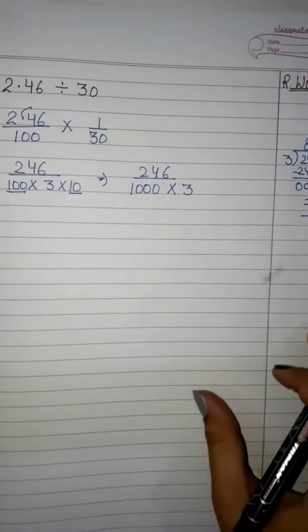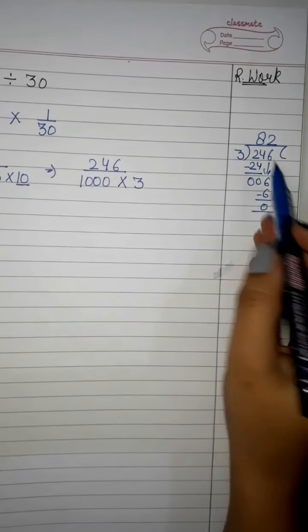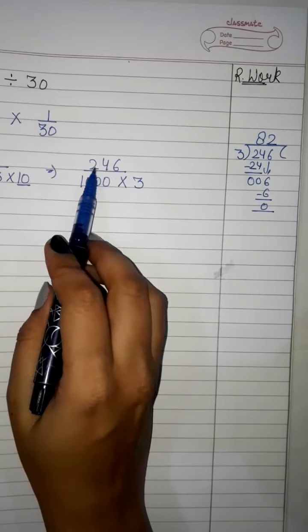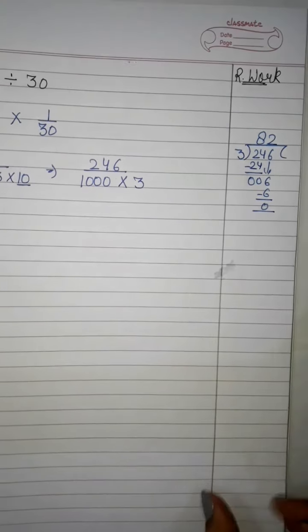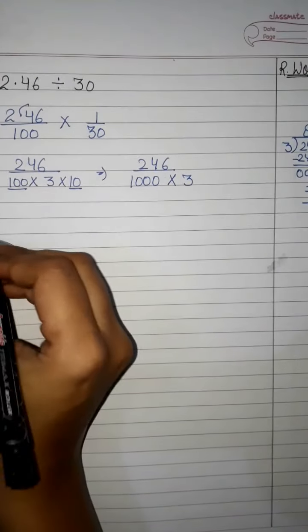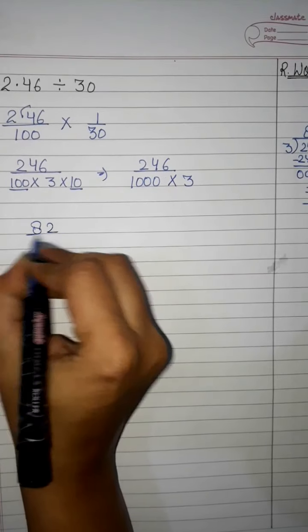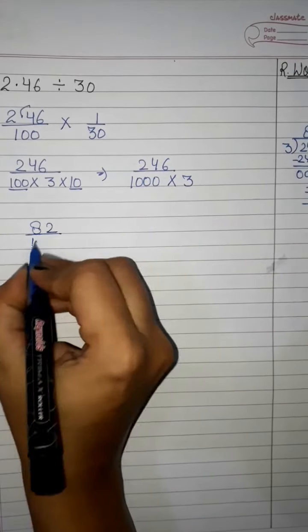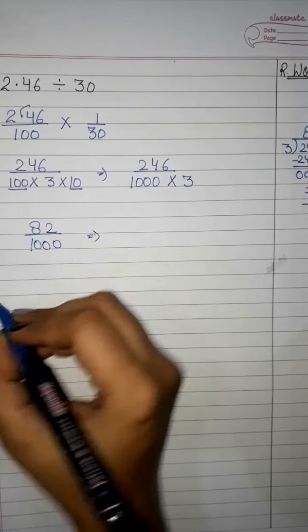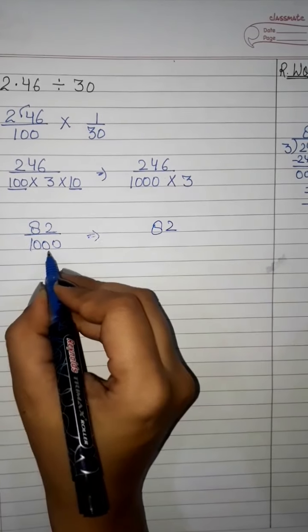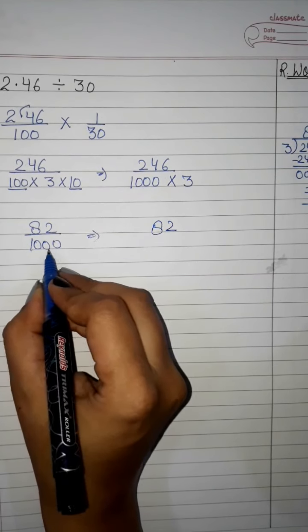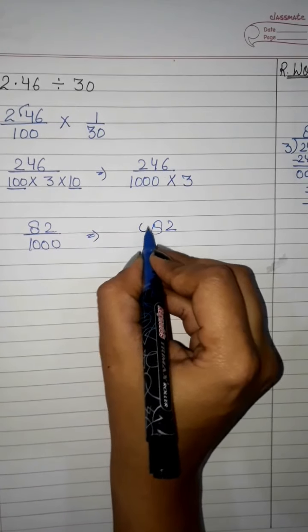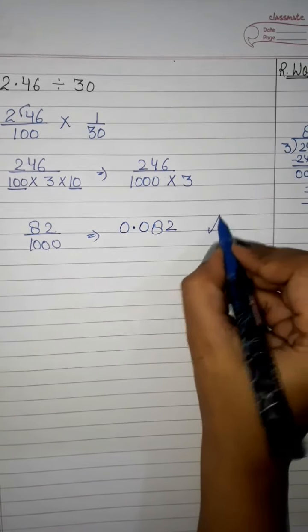So you know, on the rough side you can divide like this. Dividing 246 by 3 we get 82. So we can write 82. Still left is 82 by 1000. So write down 82. How many zeros are in the denominator 1000? 3. 1, 2 and 3. This is the answer.